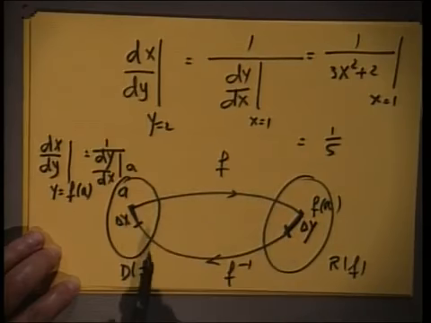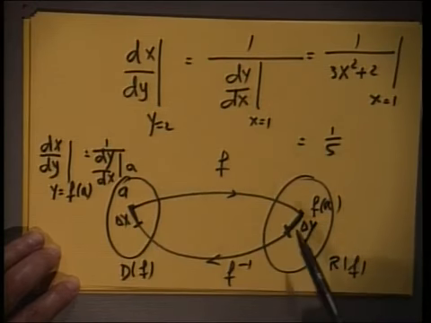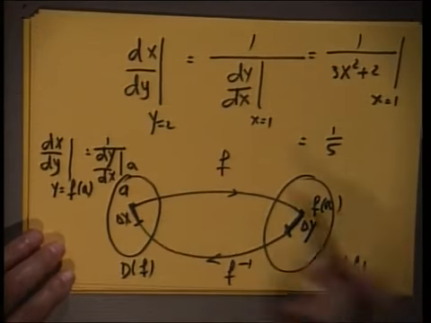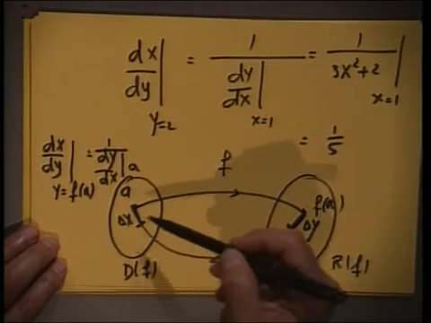You wish to calculate dx over dy, this change over this change, if it exists in the limit. So it's equal to 1 over this change in the limit. So the theorem, in fact, allows you to get quickly the derivative of the inverse. That's the value 1 over 5 that we just calculated.